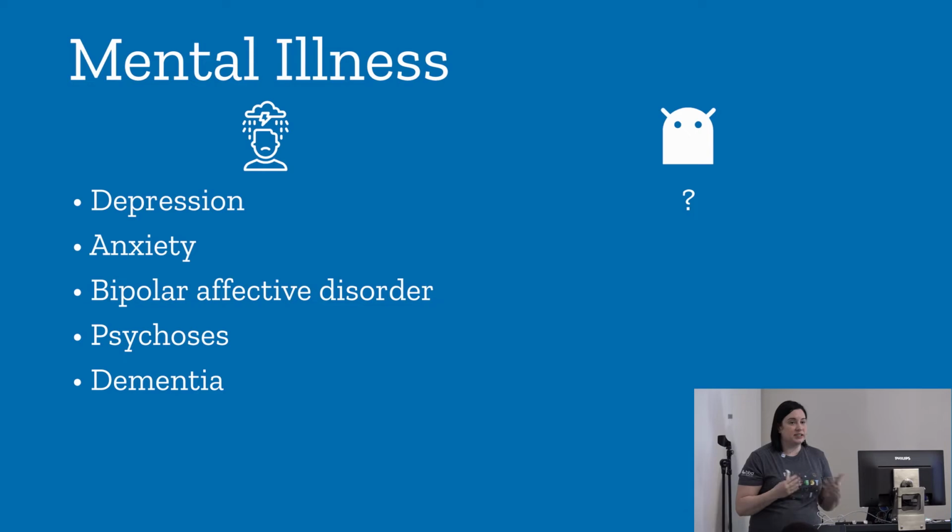And they are more design issues. There's unfortunately nothing on the Android platform that helps assist folks with disabilities like this. So sadly, Android doesn't provide anything to assist folks with cognitive disabilities and mental illnesses.